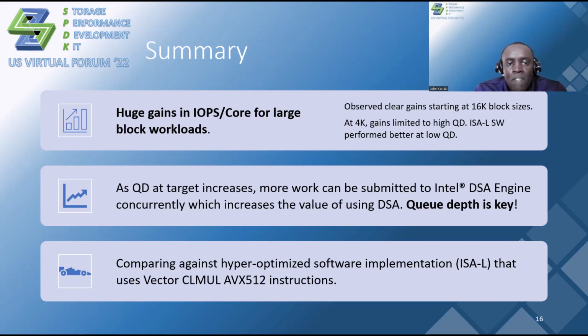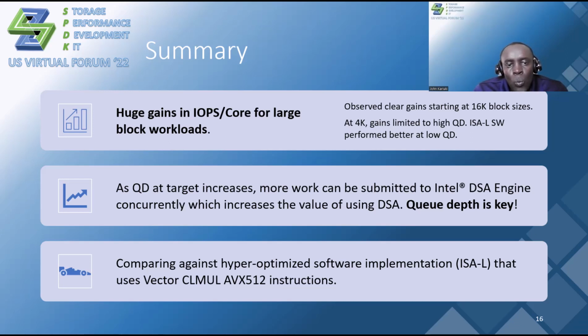And then one of the things that came up as we were going through this benchmarking effort and comparing the performance and efficiency of using DSA to compute the CRC32 digest with ISA-L, the ISA-L function, was how good was this ISA-L function? How good was using ISA-L for our baseline for that comparison?